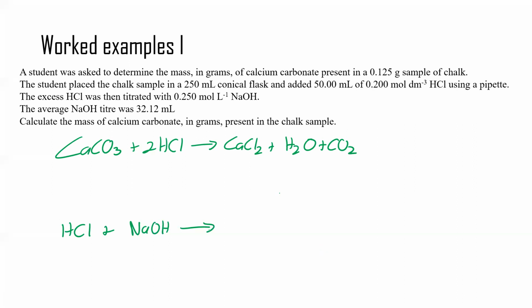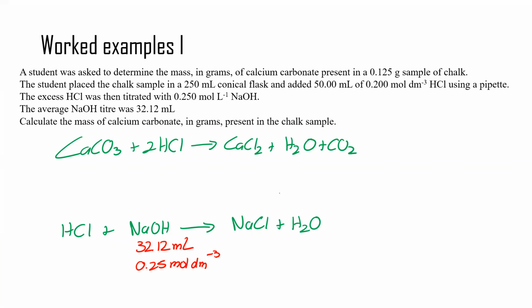So there was the calcium carbonate with HCl, and hydrochloric acid with NaOH. Now then, once you do this, you write the information that you've got, and you have 32.12 milliliters NaOH, and it is 0.25 molar.